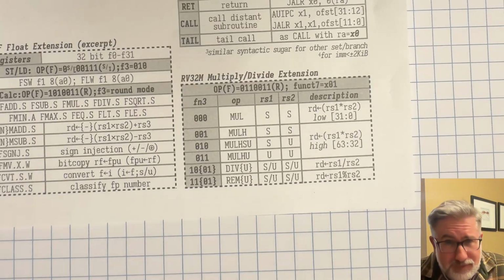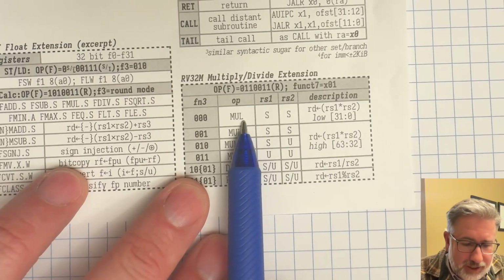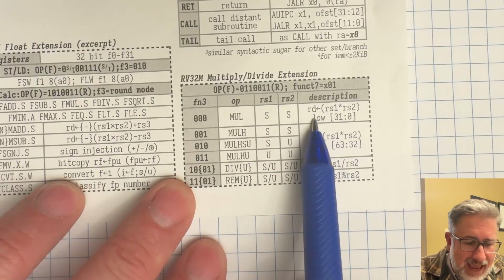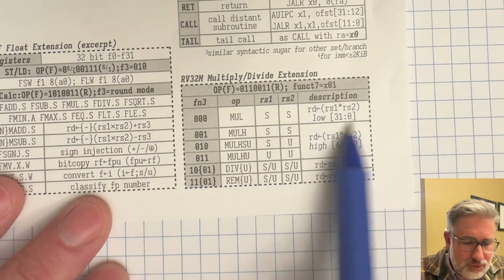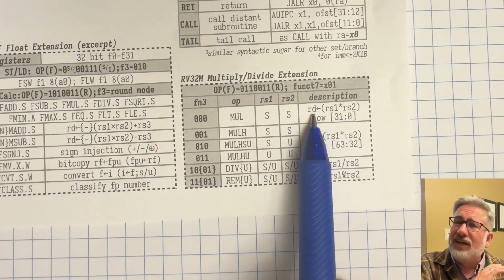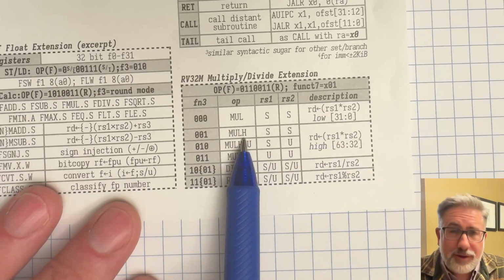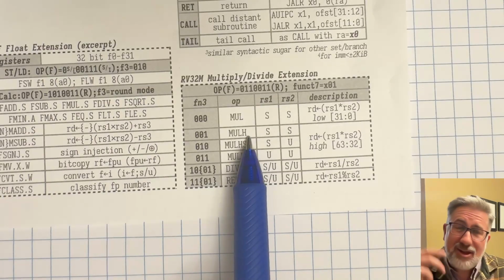And so we have a special instruction for that, which is just regular multiply. Regular multiply assumes that RS1 and RS2 are both signed, and it assumes that the result can fit in 32 bits. And so you just take the low 32 bits of the result and put that in the destination register, and that's good for most of the time. You've got another instruction called multiply H, which is to take the high 32 bits.